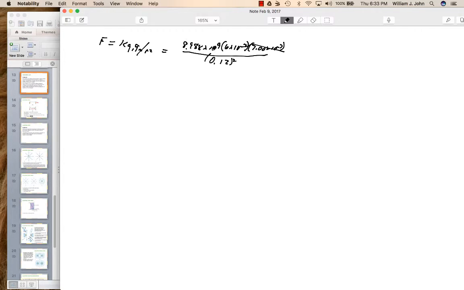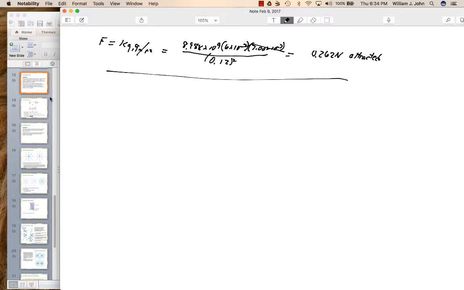Remember, this is newton meters squared per coulomb squared. And so if we do the math here, we end up getting 0.262 newtons. Now because these are opposite charges, they would be attracting. So the direction would be toward each other.